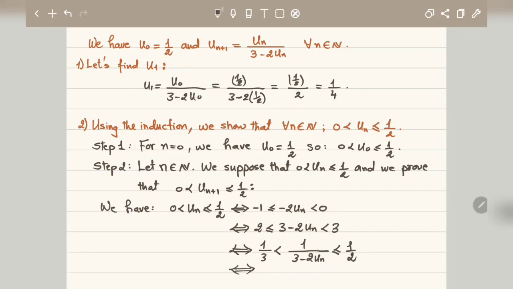Then we multiply this frame by the frame of un, side by side. So 1/3 times 0 smaller than un over 3 minus 2un, smaller than or equal to 1/2 times 1/2.